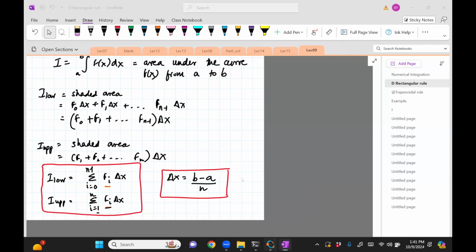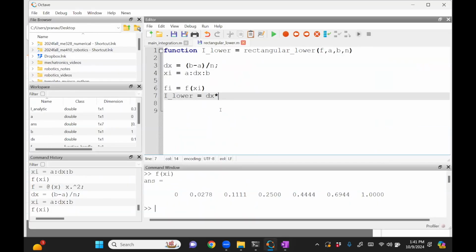So let's just do this. So it'll be sum of fi from 1 through n minus 1. That'll work. Okay, I can check this.